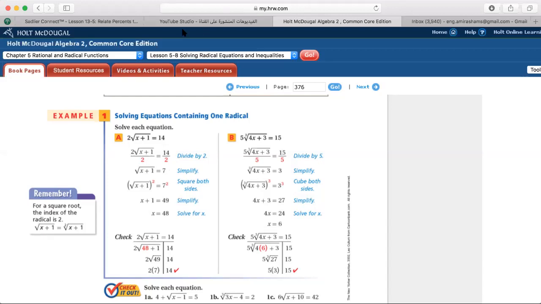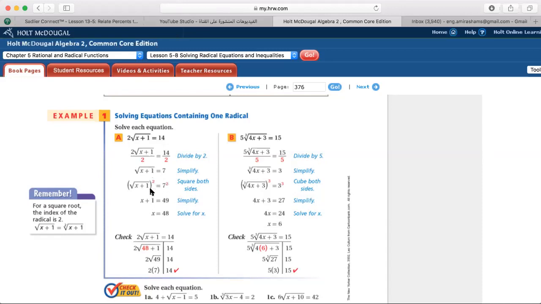I will get now the square root of x plus 1 equals 7. Now, square both sides by the power which is the index of the radical. For a square root the index is 2, so the power will be 2.